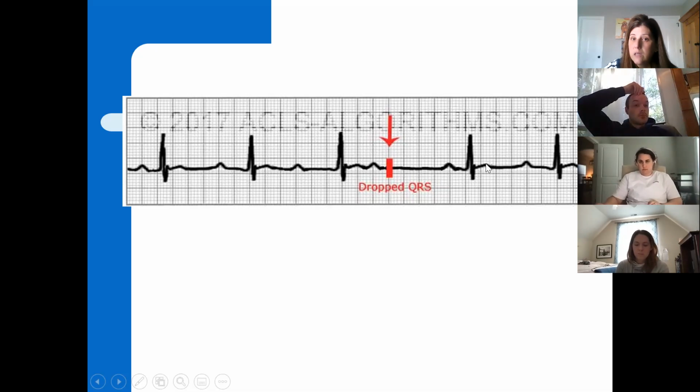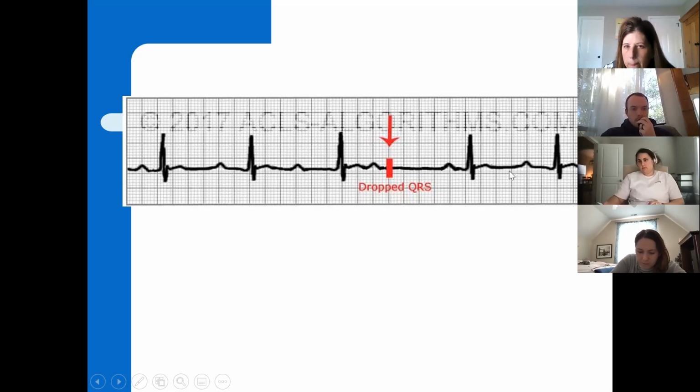P, QRS, T, and then here, uh-oh, look here. See that? That's probably like 1, 2, 3, and 5 is 8. I'm going to say about 8 tiny squares, so 0.32 maybe. And then this one is about 3, 5, that's 8, 9, 10, 11, probably about 12 small squares.